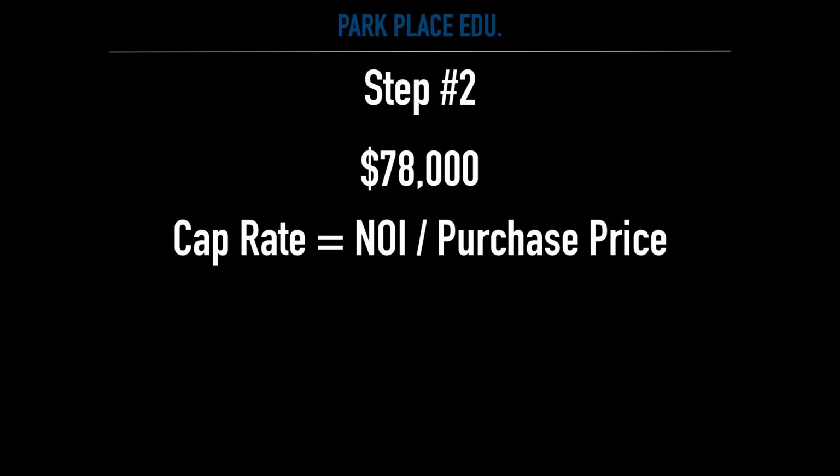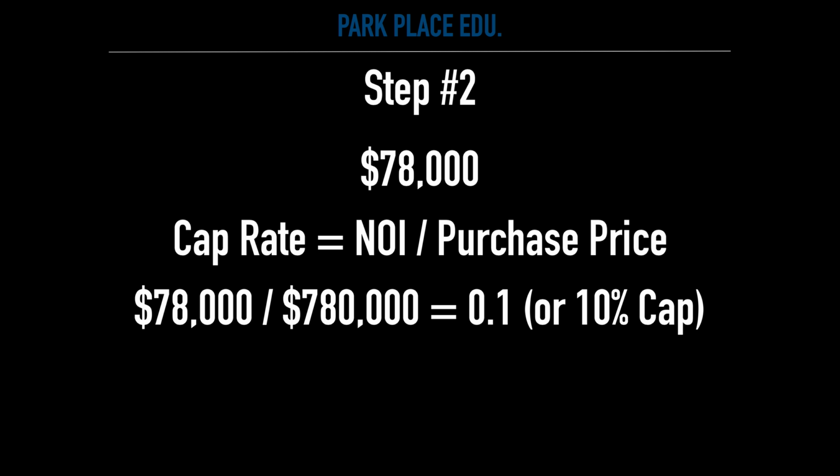Now we want to find the cap rate. In order to find the cap rate, you're going to take the net operating income, which is NOI, and divide that by the purchase price or potential purchase price that you're going to make the offer on. So we take the $78,000 and divide that by the purchase price, which in this example would be $780,000. That's going to give us a 0.1.